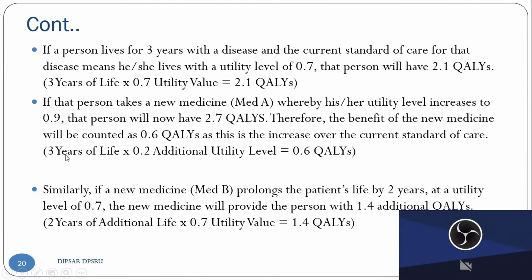So 3 years of life multiplied by the additional utility level of 0.2 by the medicine is 0.6 QALY. Are you getting my points?